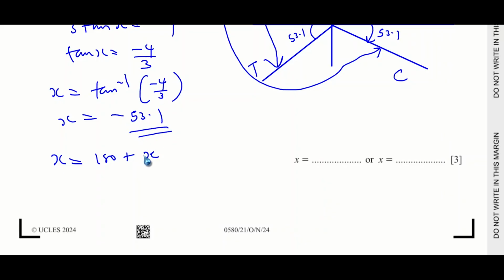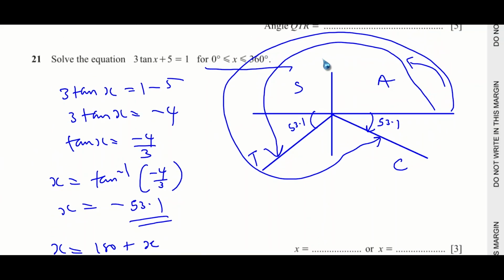So it will be equal to, what I want to do is 180 plus this angle here. This one is a negative angle.